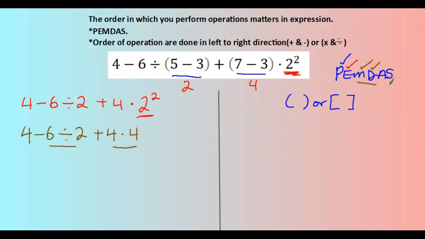Okay, so if we do that, 6 divided by 2 will give us 3. So we write our 4 minus 3 plus 4 times 4.